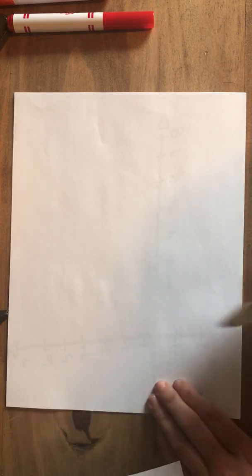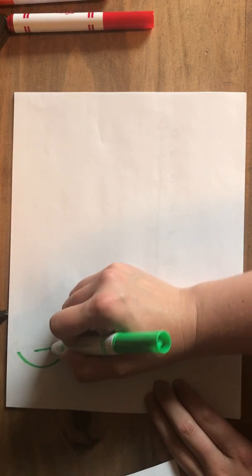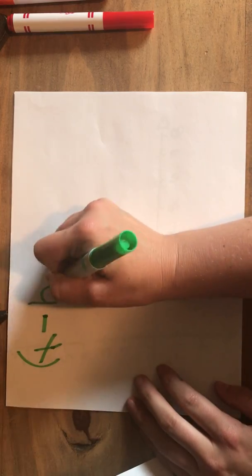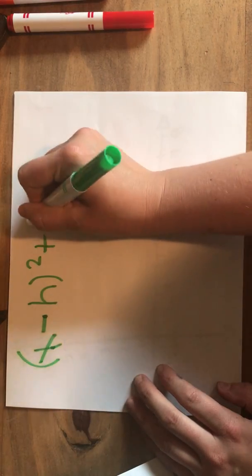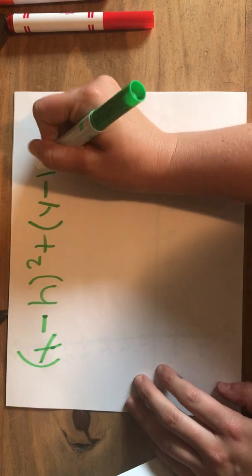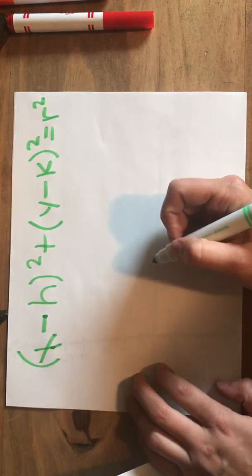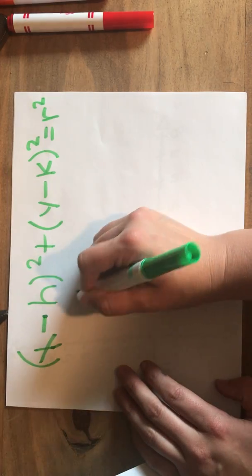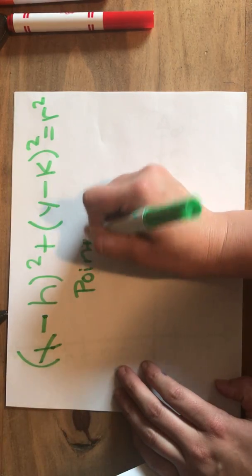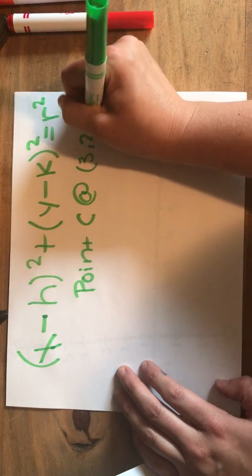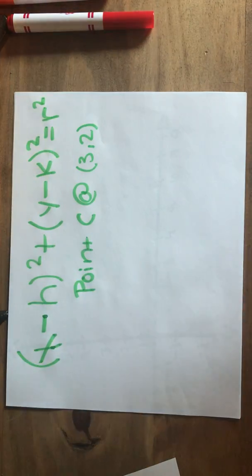Since it is not at the origin, we're going to use x minus h squared plus y minus k squared equals r squared, with point C at 3, 2. Now we just fill it in.